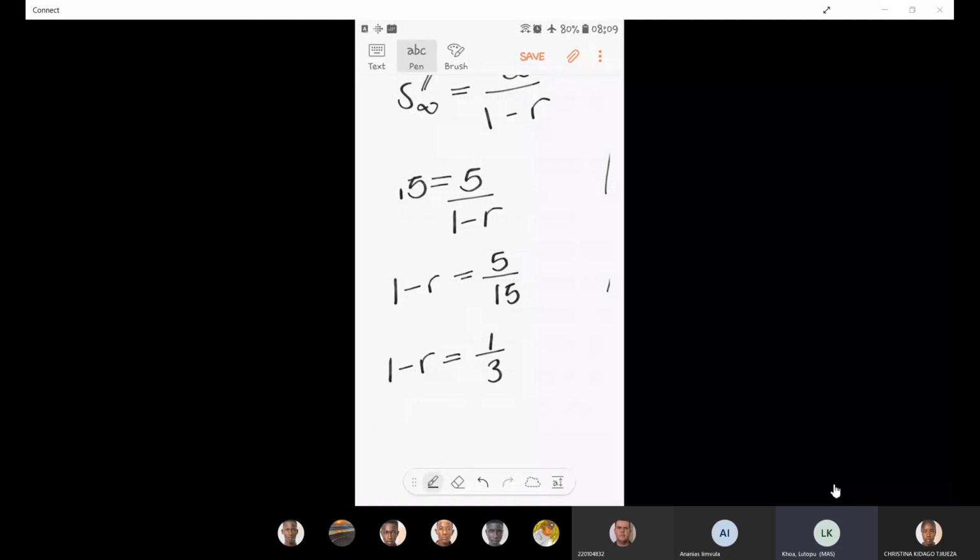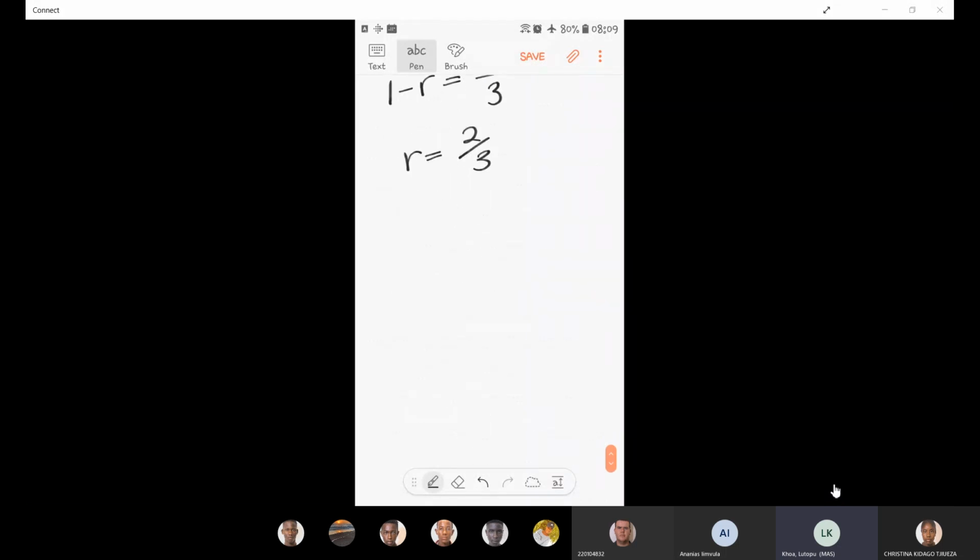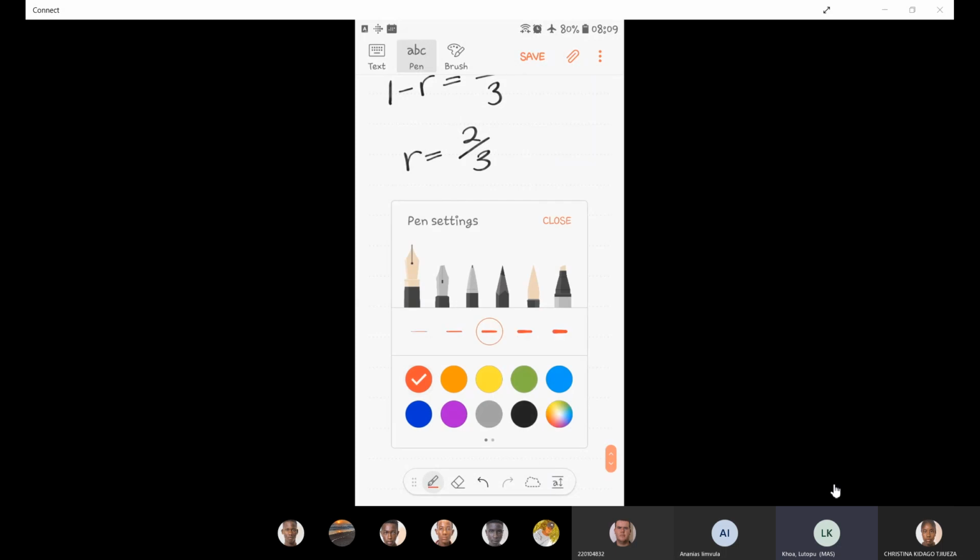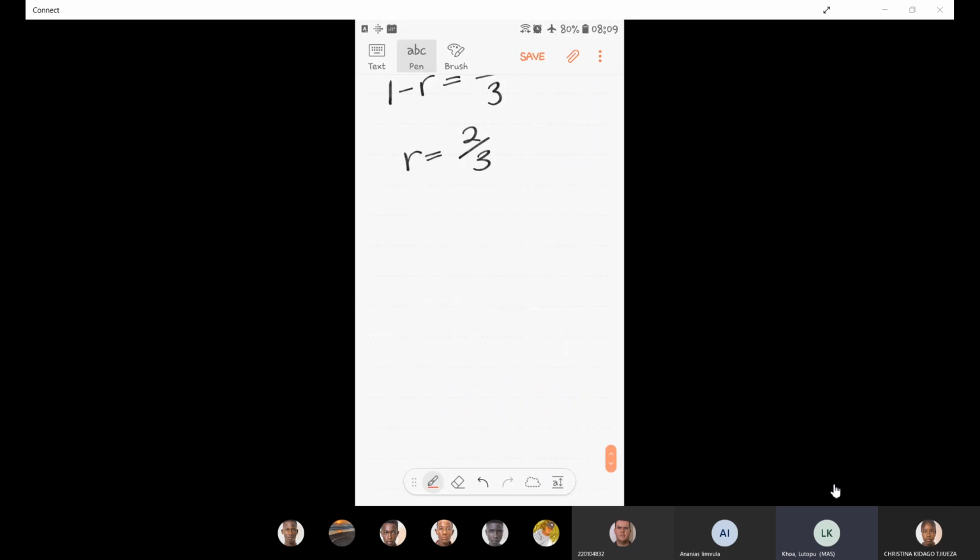This means that R is equal to 2 over 3. And you can see my absolute value of R. This is just something I check in my mind just to see, okay, I know I'm on the right track. This is less than 1. So it does make sense that the sum to infinity exists and it is equal to 15.